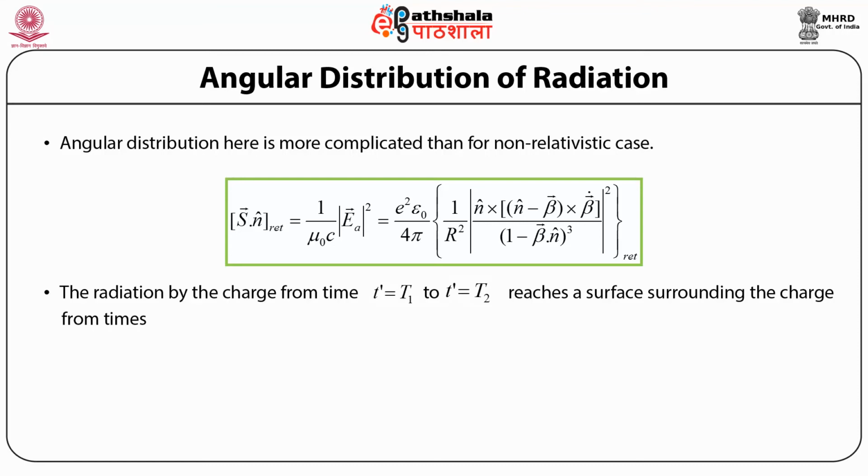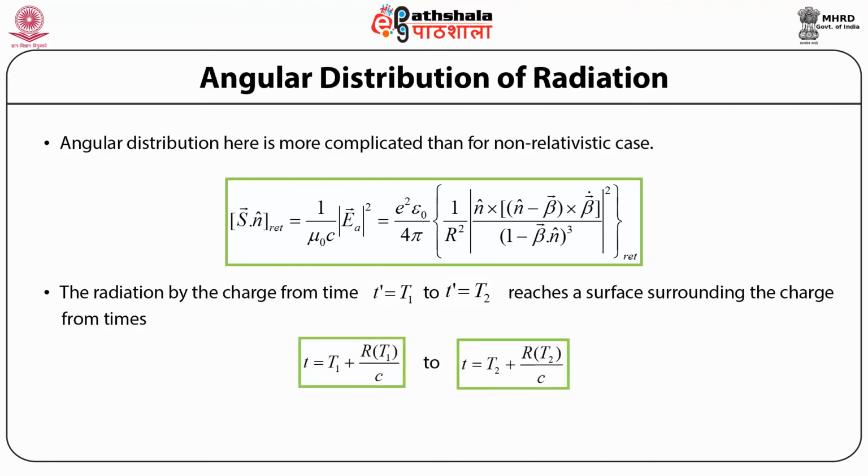The radiation by the charge from time t′ = t₁ to t′ = t₂ reaches a surface surrounding the charge from time t = t₁ + R₁/c to t = t₂ + R₂/c.